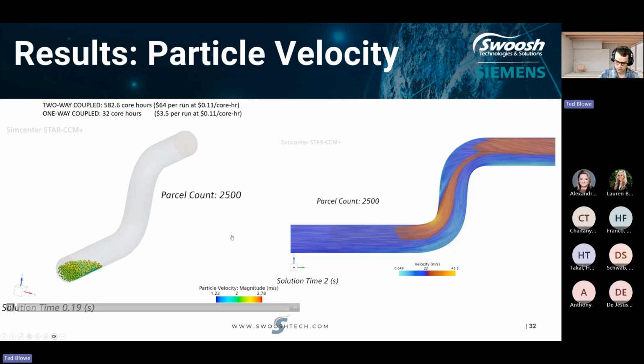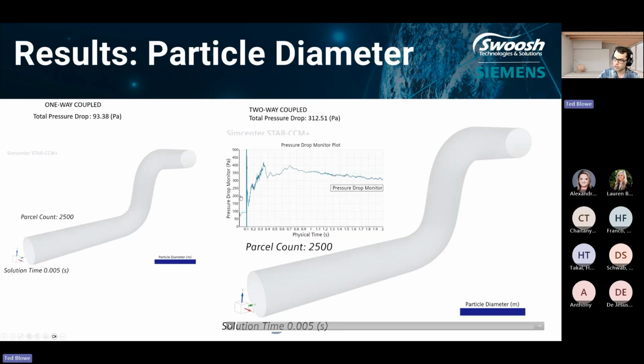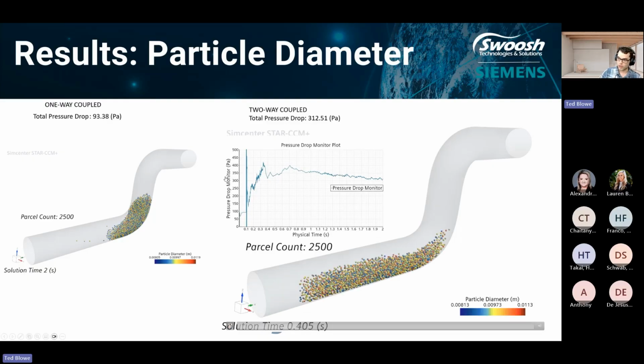But it's important because if we look at the pressure drop of the two-way, we can see that it slowly converges to about 300 pascals. The one-way coupled solution produced a pressure drop of 93, and the two-way coupled produced a pressure drop of 312.